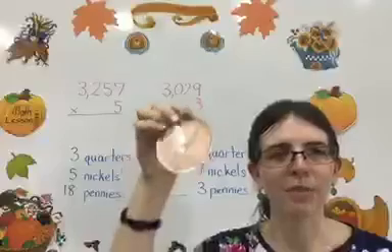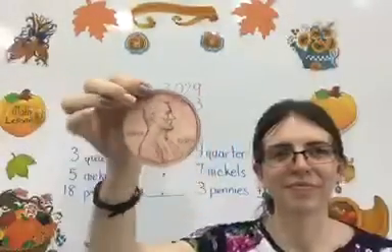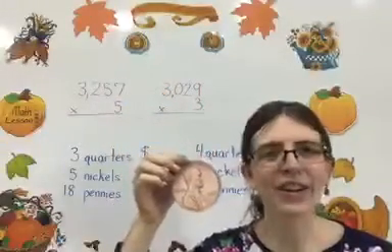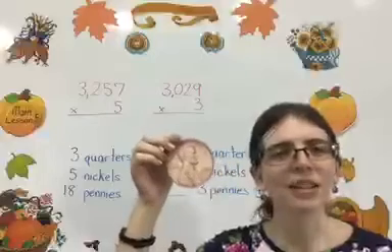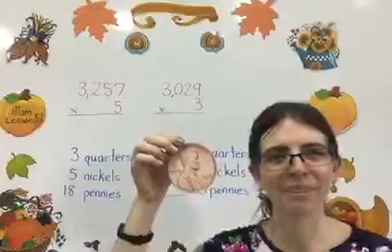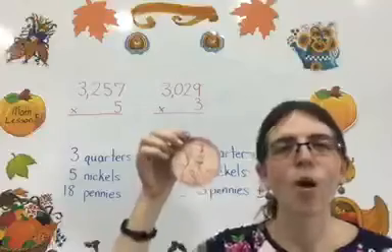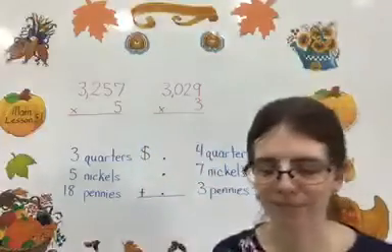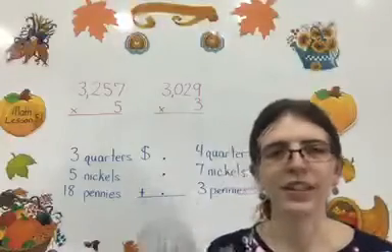Oops, kind of put them upside down. This is the penny. Very good, a penny. And how much is a penny worth? 1 cent. 0.01. Very good. Ooh, little guy.